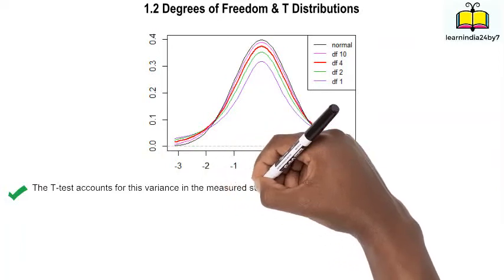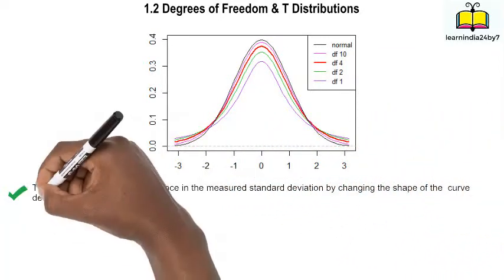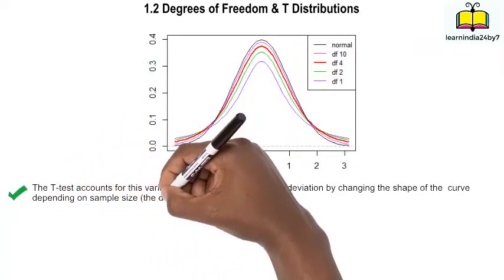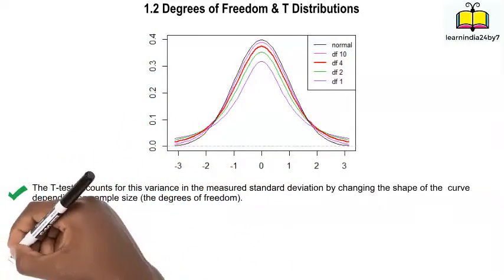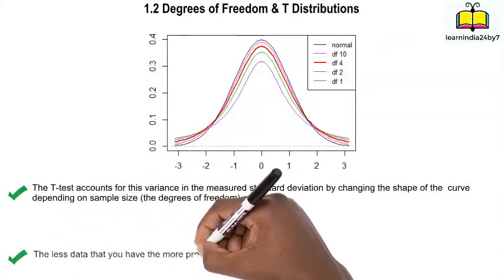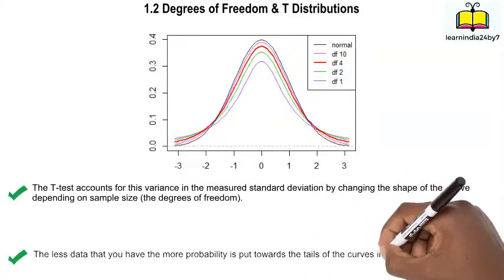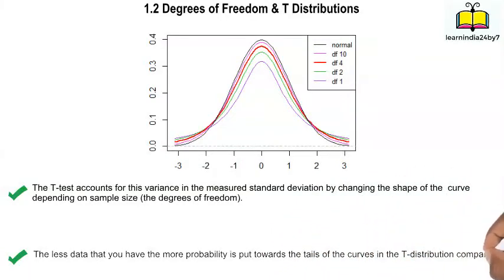The t-test accounts for this variance in measured standard deviation by changing the shape of the curve depending on sample size. The less data that you have, the more probability is put towards the tails of the curve in t-distribution.